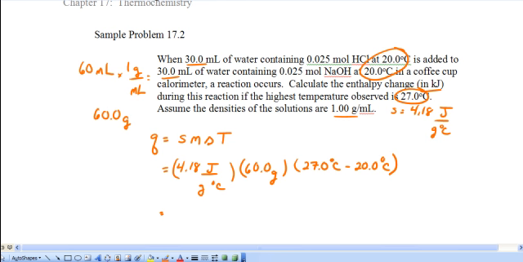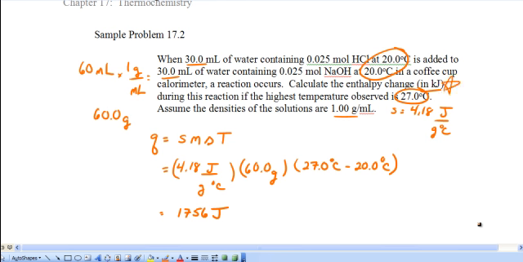4.18 times the 60 grams times the 7 degree temperature change, you have 1756 joules of energy. And they did ask for it in kilojoules, not in joules.